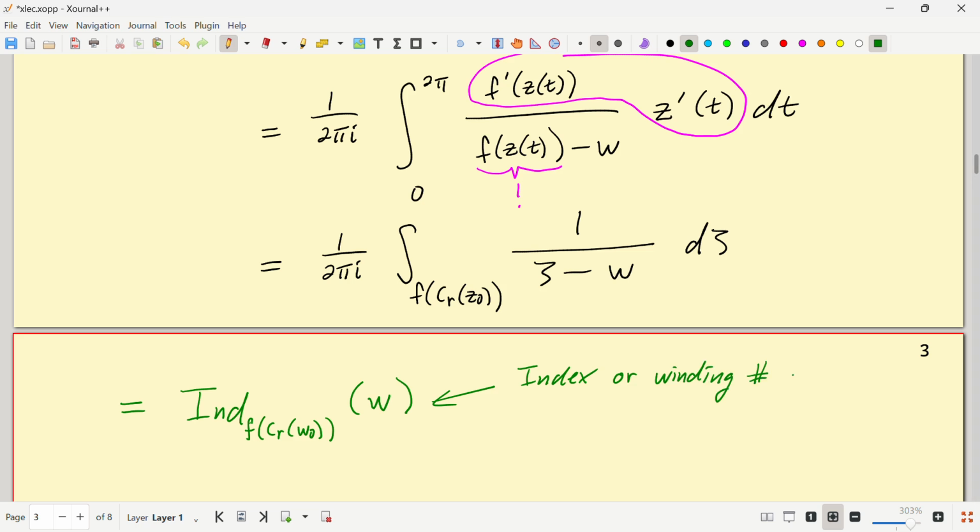Index or winding number of the curve in the counterclockwise direction. See, the curve is f of c of r of z naught.